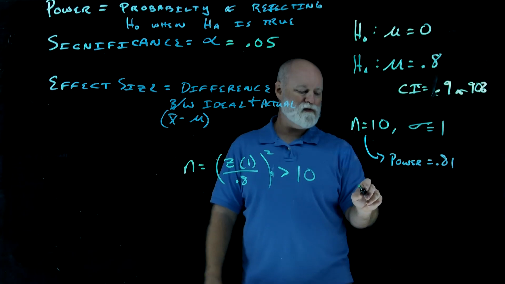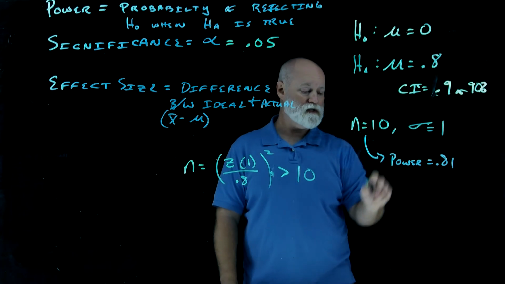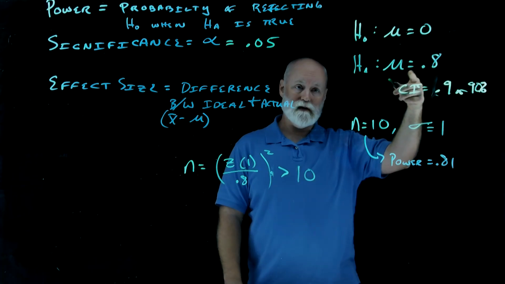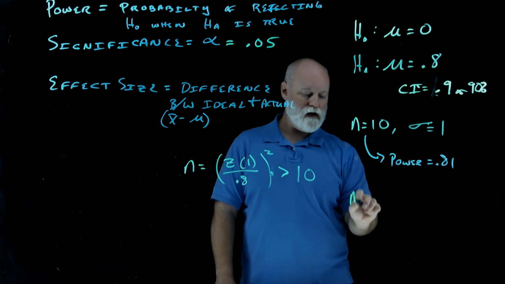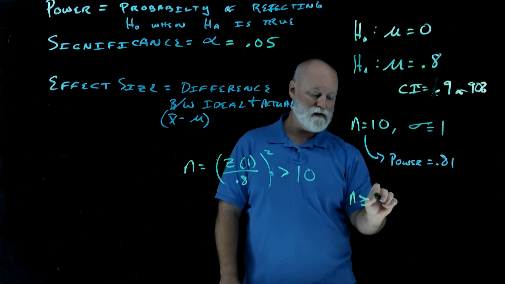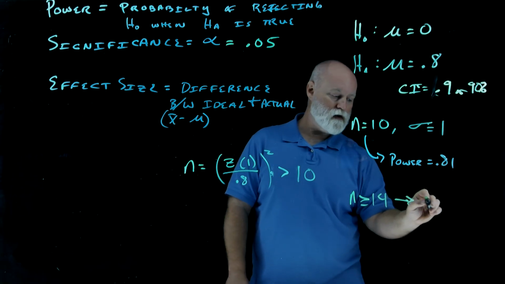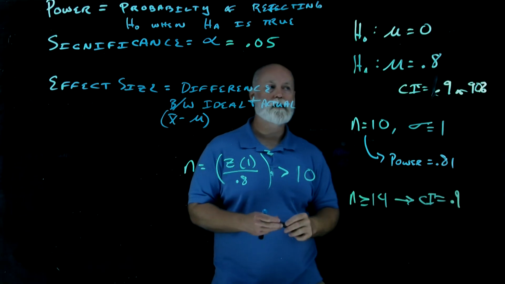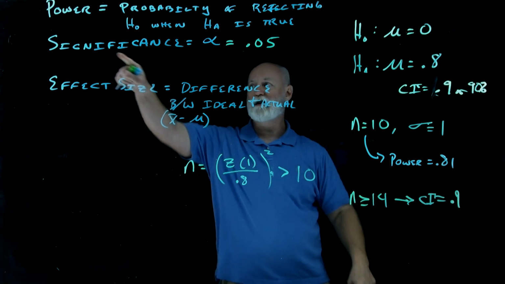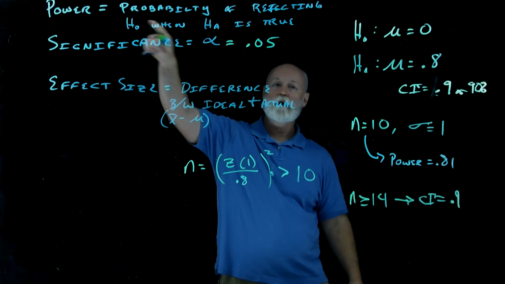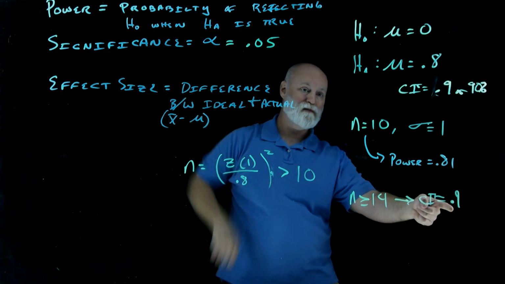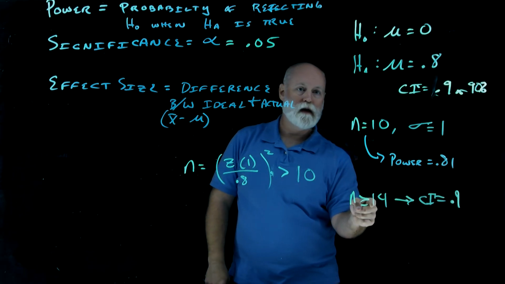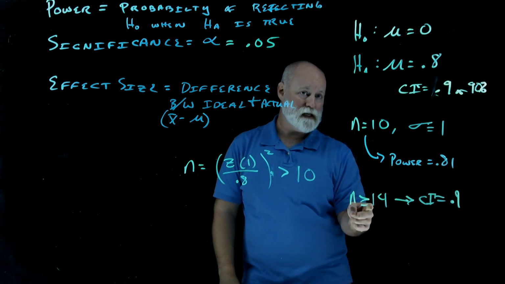And actually, the way this is set up right now, with mu or our alternative being 0.8, n has to be at least 14 to have a confidence interval of 0.9, right? So in order for us to reach our significance level of 0.05, the power has to match 0.9. In order for the power to match, we have to have a sample size of at least 14.